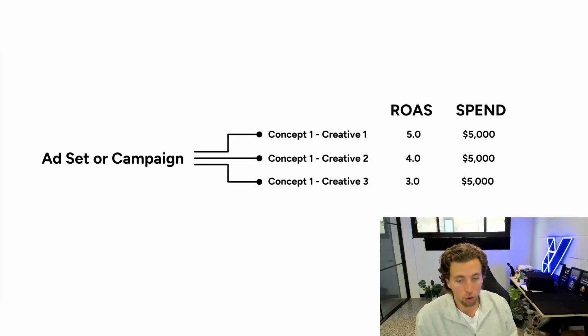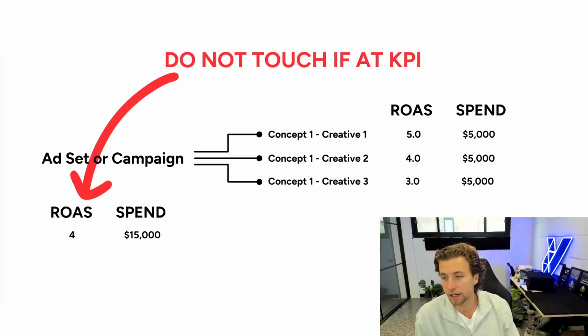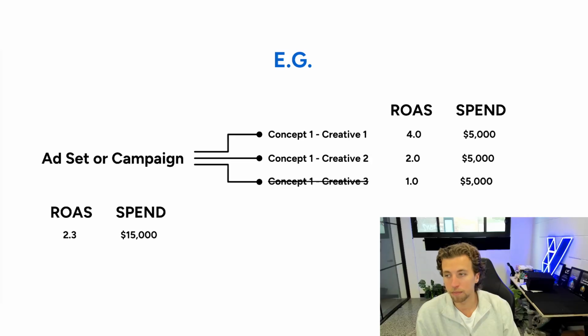But if an ad is performing at KPI, do not go in and turn an ad off because it's going to reset the machine learning at the ad set or campaign level. It's going to figure out how to re-optimize and hit your CPA targets, and likely it's going to underperform. So do not do that. So do not touch if the ad set or the campaign level efficiency is at your KPI. Example, don't do this.